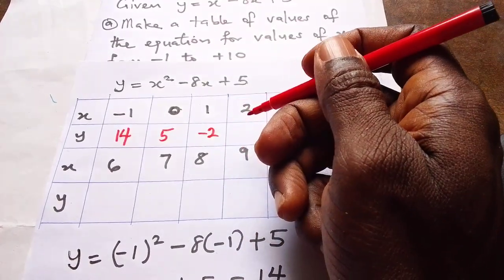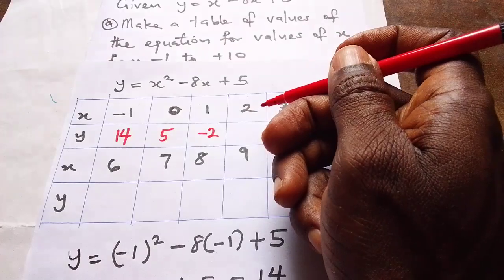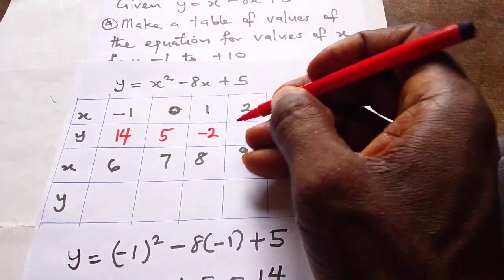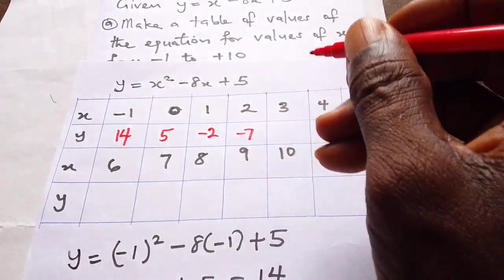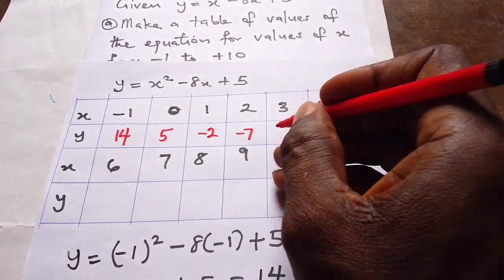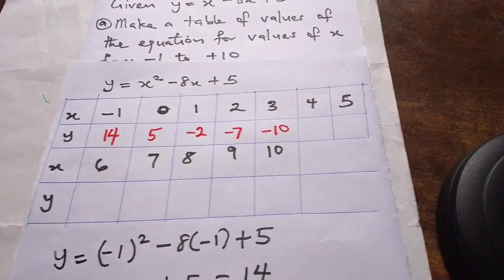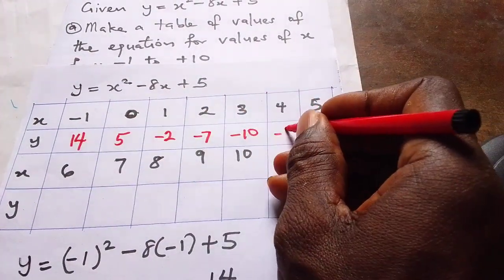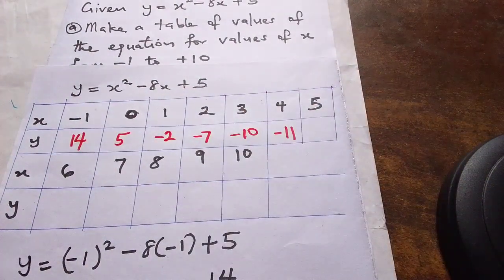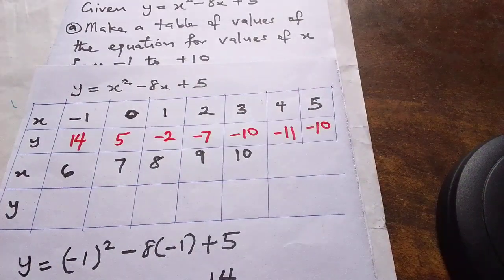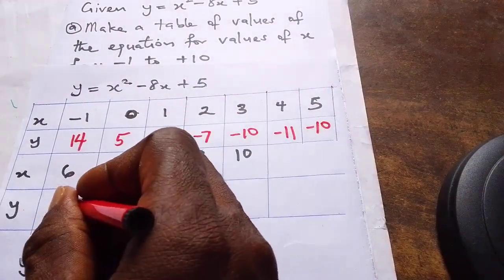So to get the other values of y: when x is 2, y will give you minus 7. When x is 3, y is minus 10. When x is 4, y is minus 11. When x is 5, y is minus 10. When x is 6, y is minus 7.